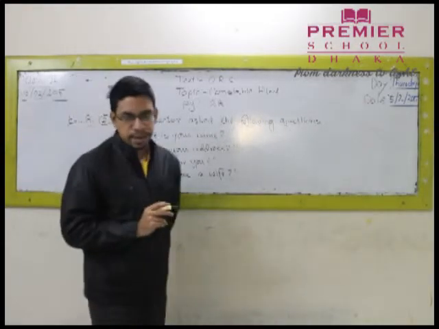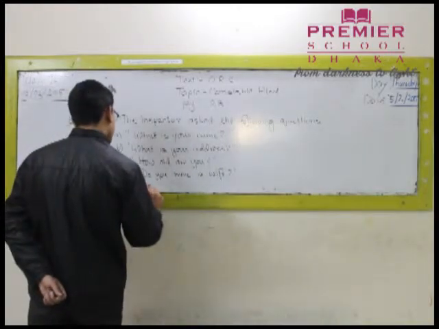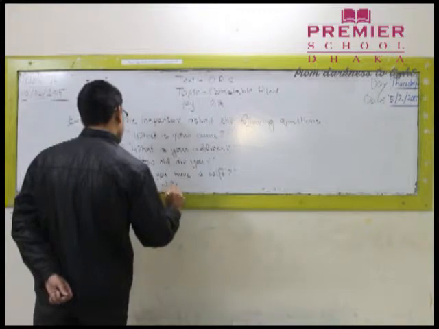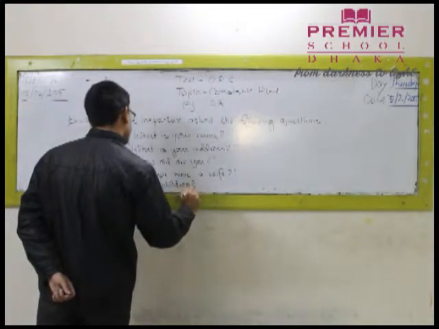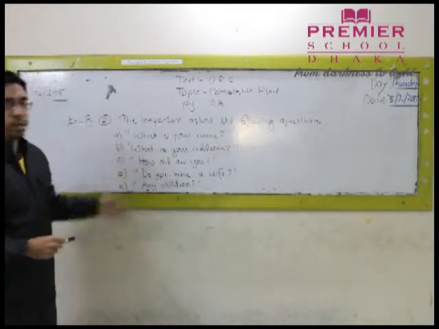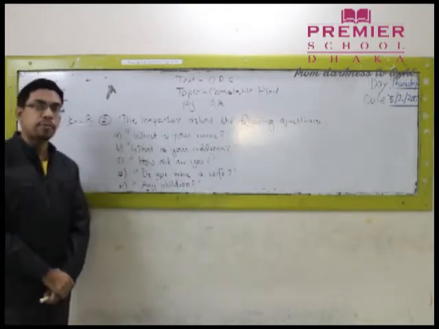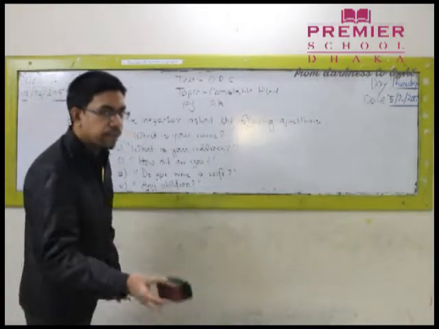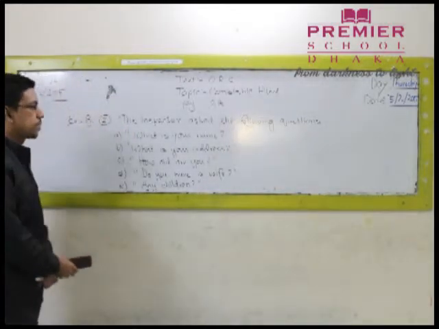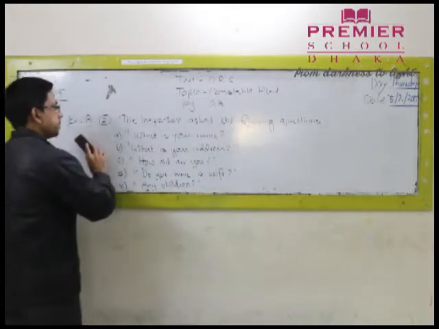And I think this is the last question. Any children? These were the questions the inspector asked when the thief was caught. Let's go to answer number 3.